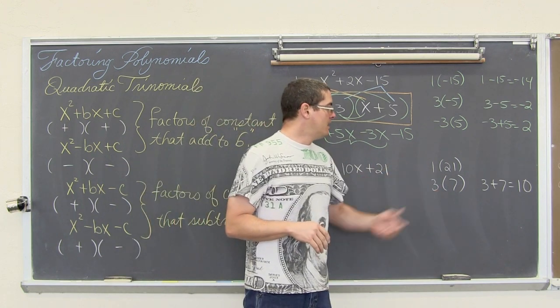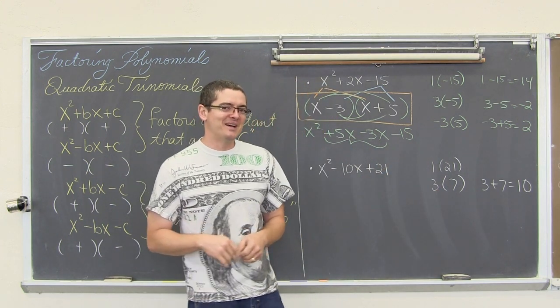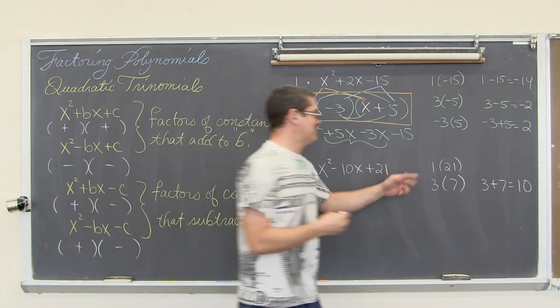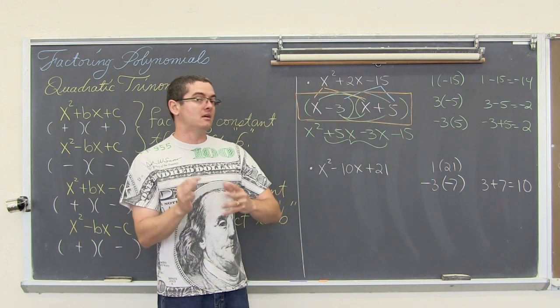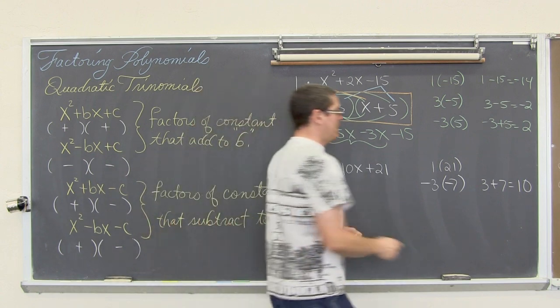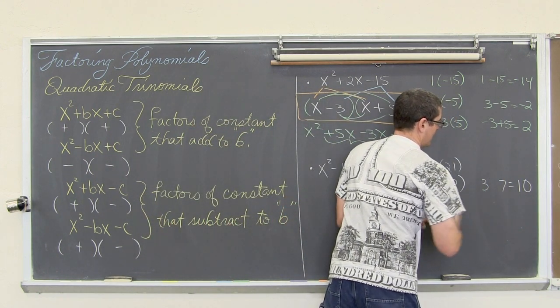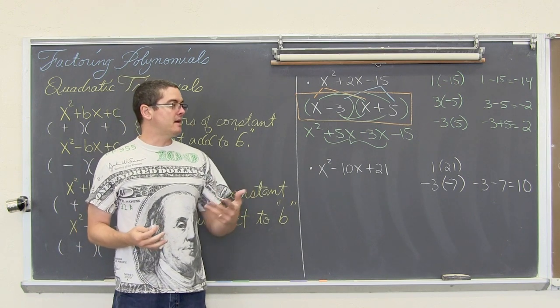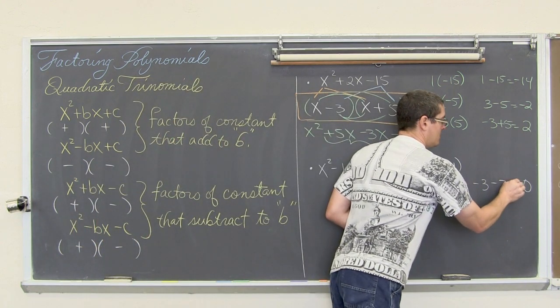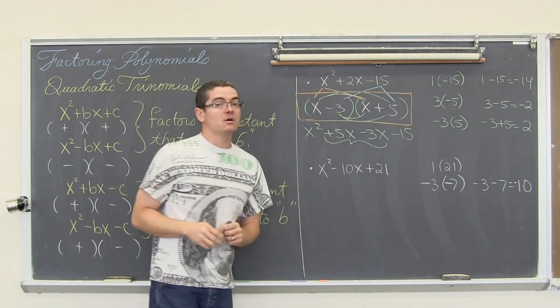So I don't really need +3 and +7. I need that 3 to be negative, and I need that 7 to be negative. That's still +21. And then when I add them, -3 and -7 comes out to be -10, which is our middle term.